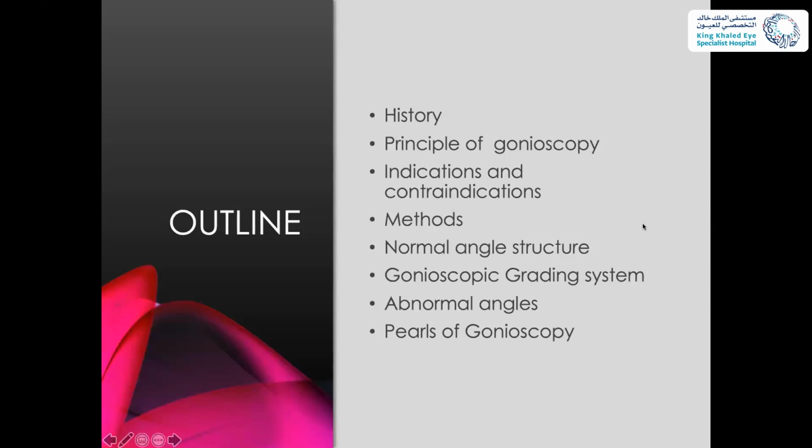The outline of the lecture today is to go through the history of gonioscopy, the principles of the examination, the indications and the contraindications, possible methods to evaluate the angle, and go through the normal anatomy structure of the angle, and we'll pass through the grading system, and we will have some examples of abnormal angles, and lastly a short summary about gonioscopy.